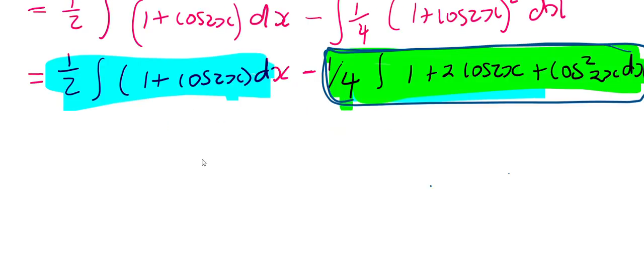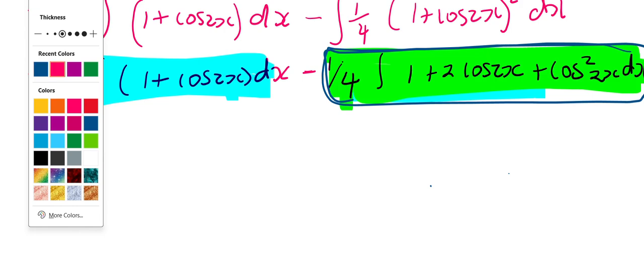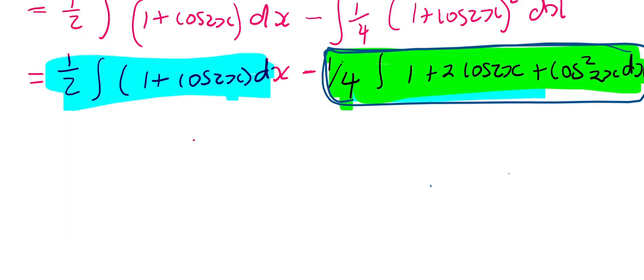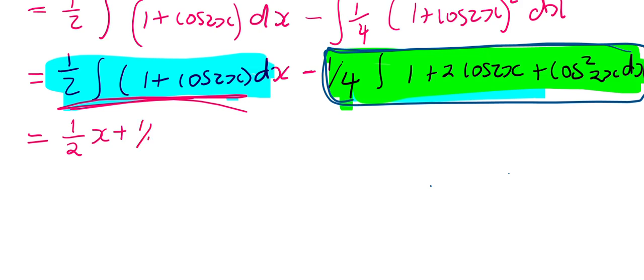Now, let's go back. Now, I hope you did save the answers on a piece of paper. When integrating this term, what did we get? We got 1 over 2x plus 1 over 4 sine 2x plus c. That's what we got. Minus, what did we get on this green term here?